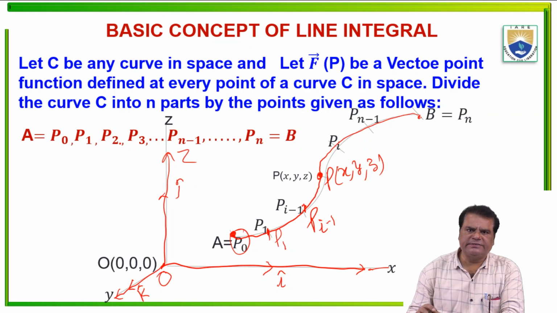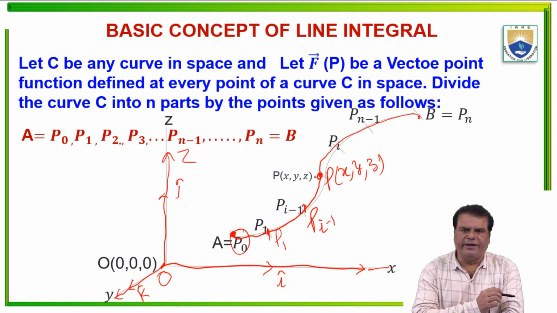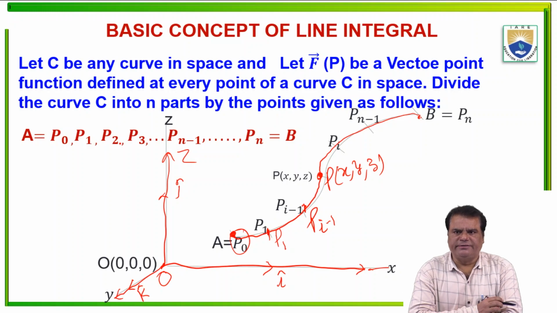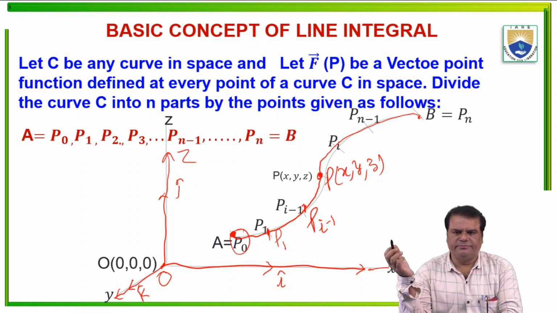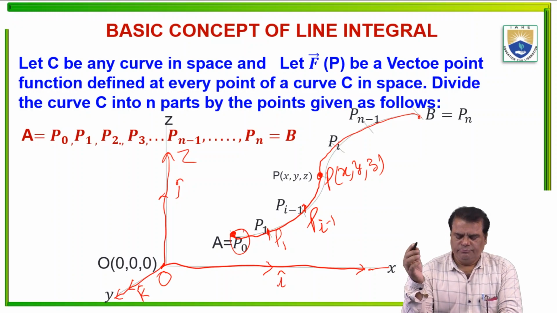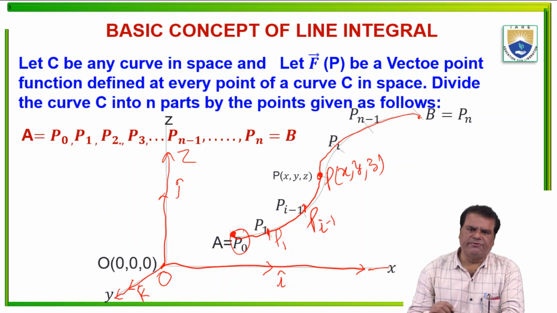All points are constant, but this is a variable point P(X, Y, Z). This is a movable point. The value of point P is not fixed; it is changeable at every moment. P may be at any place from A to B.